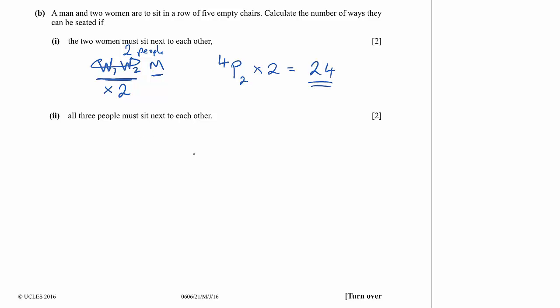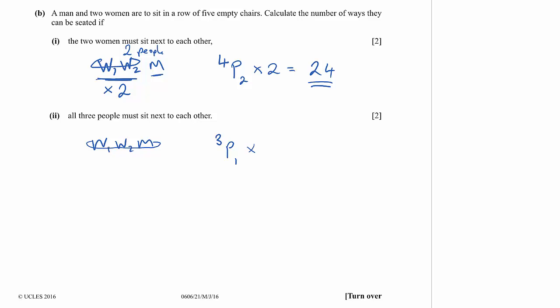Now all 3 people must sit next to each other. So woman 1, woman 2, and the man. Let's bind those together. And since they'll take up 3 seats, we consider that we have 3 seats on which to permute just 1 person, because this is a block.